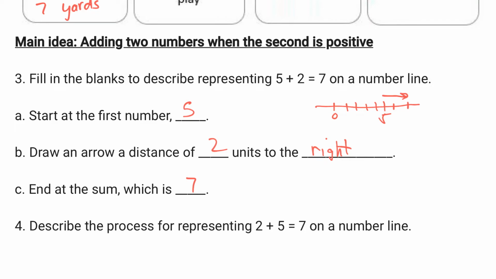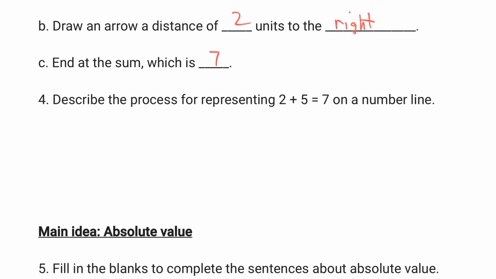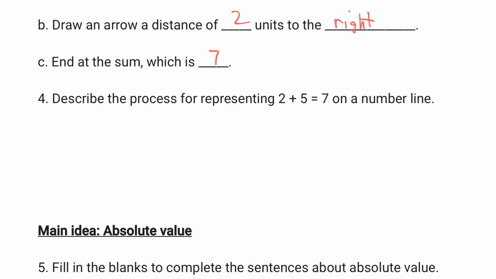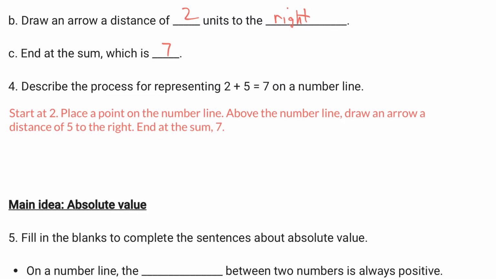So describe the process for representing 2 plus 5 equals 7 on a number line. Well, that process is this. I filled this out real quick so you can take a look at that.